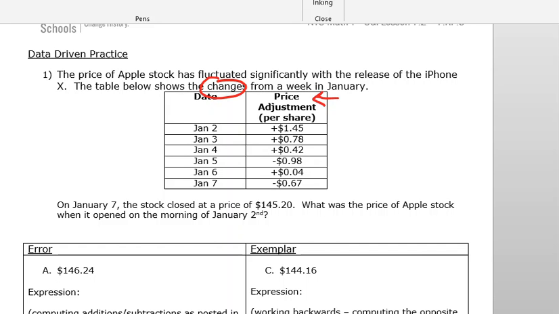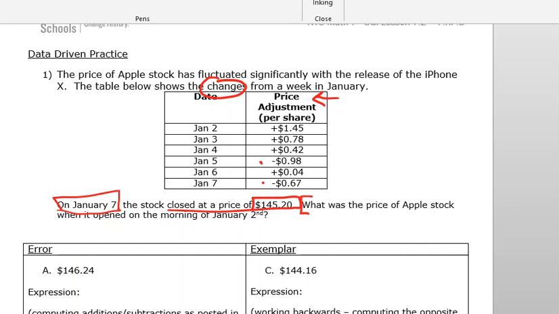So on January 2nd, it went up $1.45. January 3rd, up 78, up 42, down 98. So this is one of my negatives when the stock price went down. Up 4, okay, and then down 67 cents. On January 7th, the stock closed at a price of 145.20.